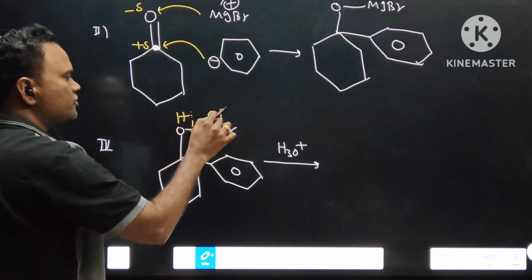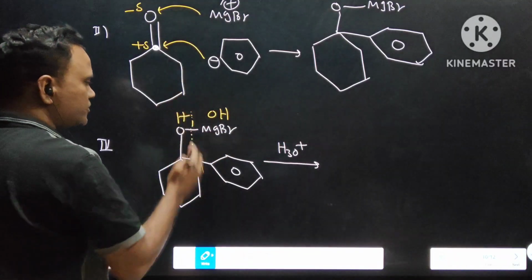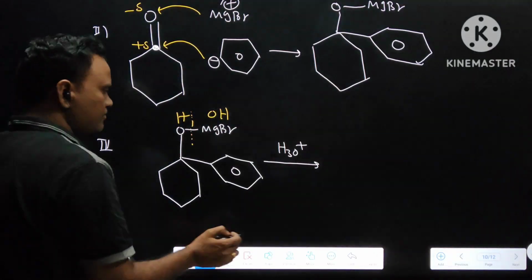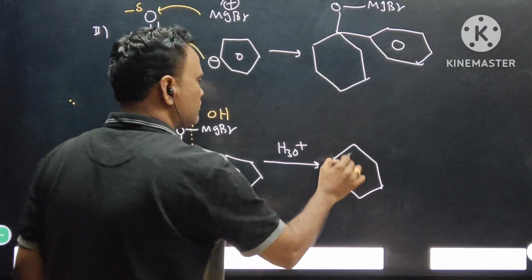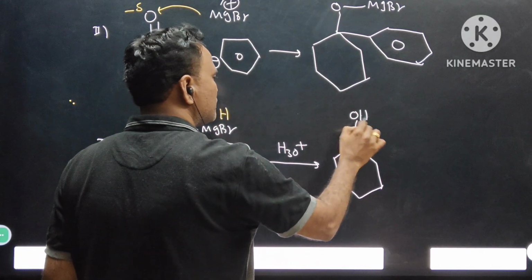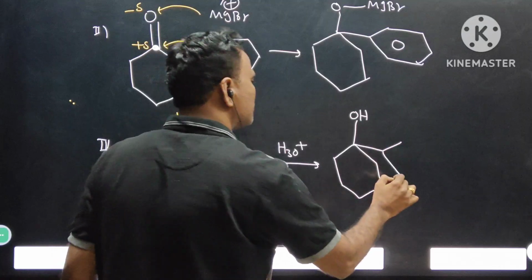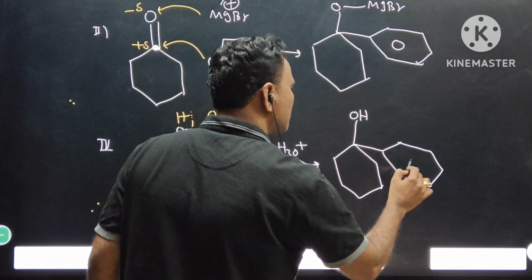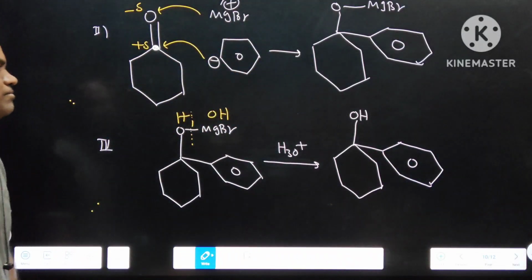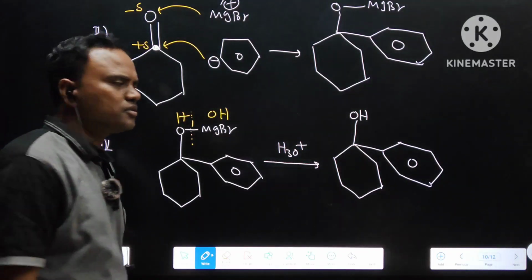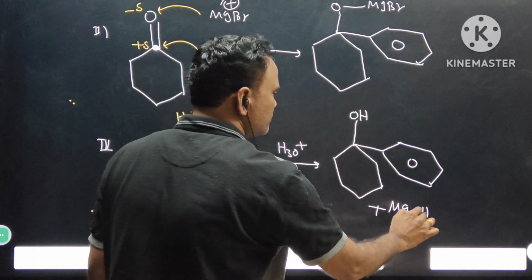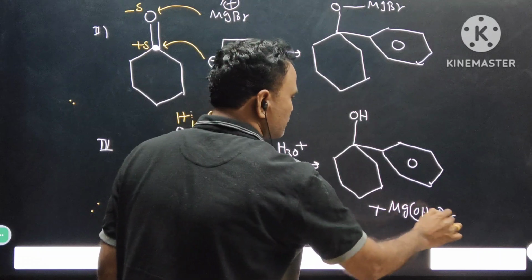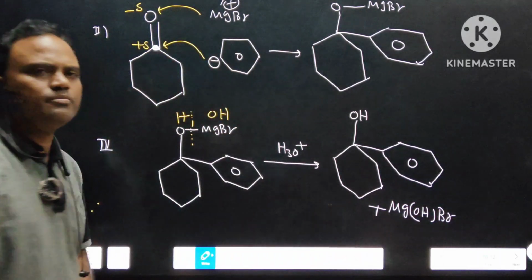H and OH, break this. MgOHBr is the byproduct. You need not write the byproduct.